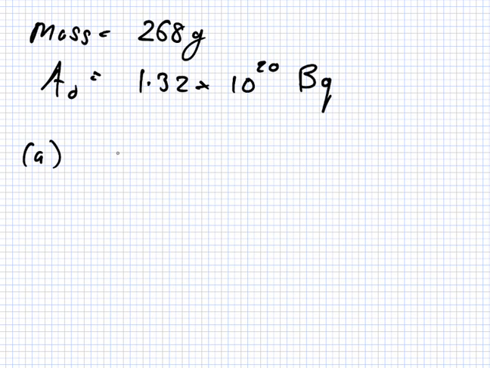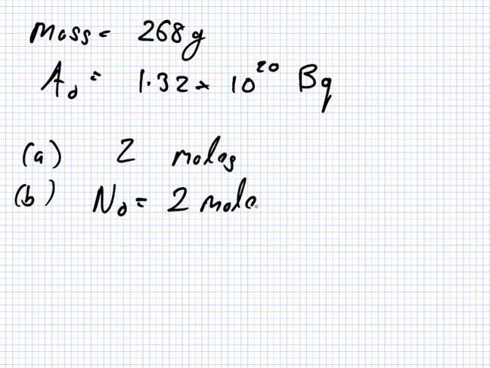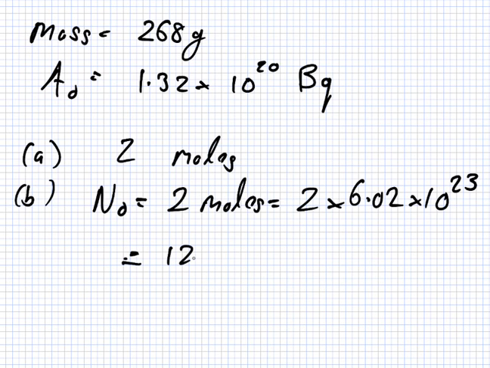So the first answer, how many moles? 2. Second, N0, the number of atoms at the start: 2 moles, which is 2 times 6.02 times 10 to the 23. This is 12.04 times 10 to the 23 atoms.